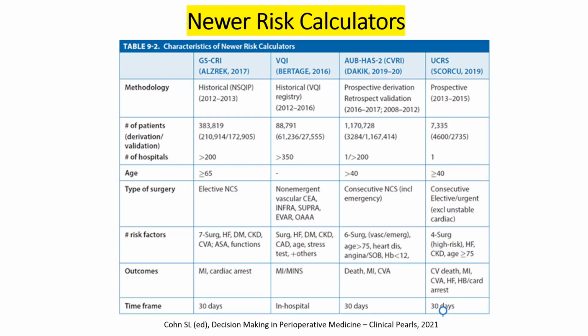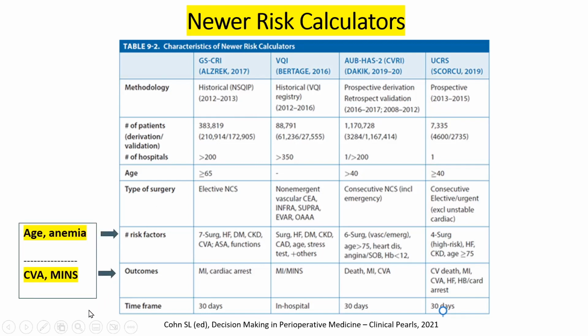And the risk factors here, it has 2 factors for H, 2 for A, and 2 for S. So for H, it's heart disease or a history of heart symptoms, angina and shortness of breath. The 2 for A are age greater than 75 and anemia with a hemoglobin less than 12. And the S is for type of surgery. You get a point for vascular surgery or for emergency surgery. So keep your eye out for this one in the future. I think it may come into play, and it looks like it's better than the RCRI.